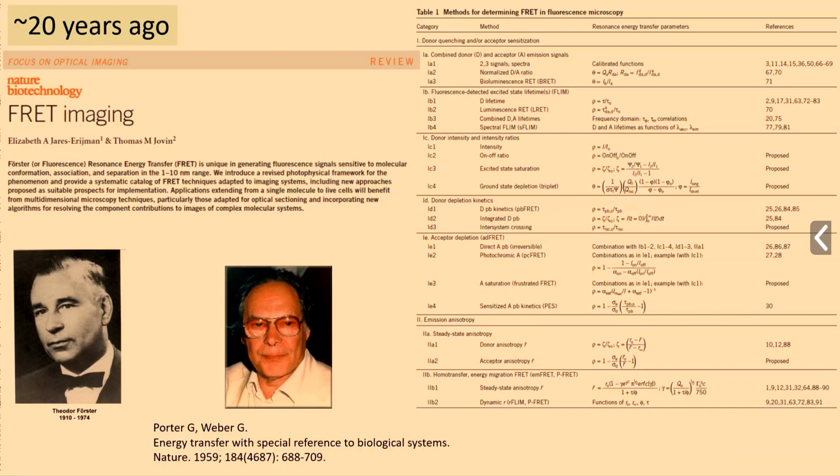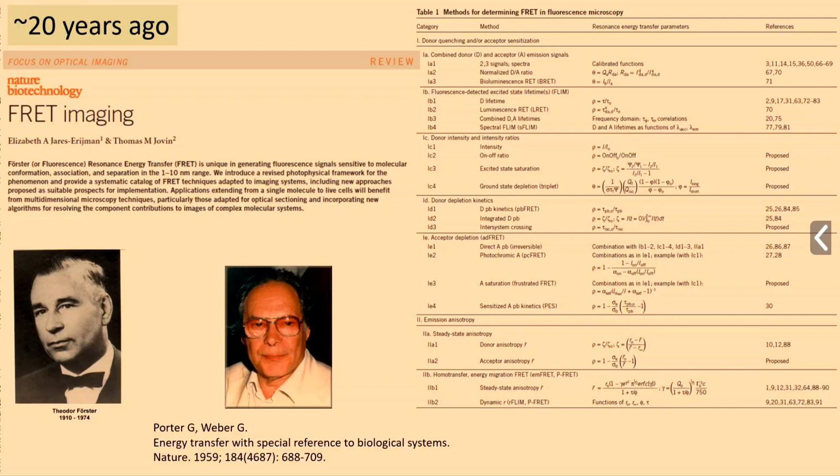Amongst these older techniques, you have the ones dedicated to fluorescence lifetime, where you see the transfer by looking at the change in the lifetime of either the donor or the acceptor. But you have classical techniques which just look at the change of intensity of the donor and the acceptor.